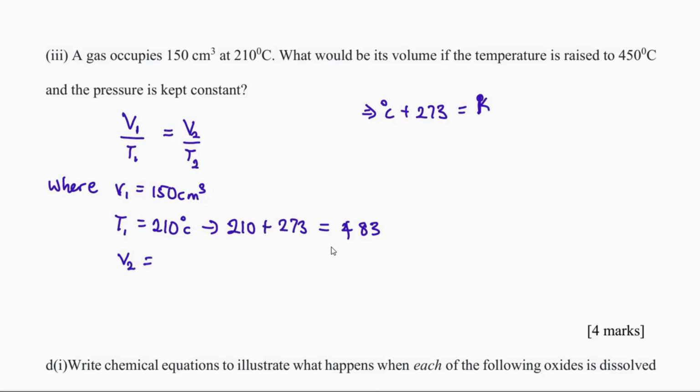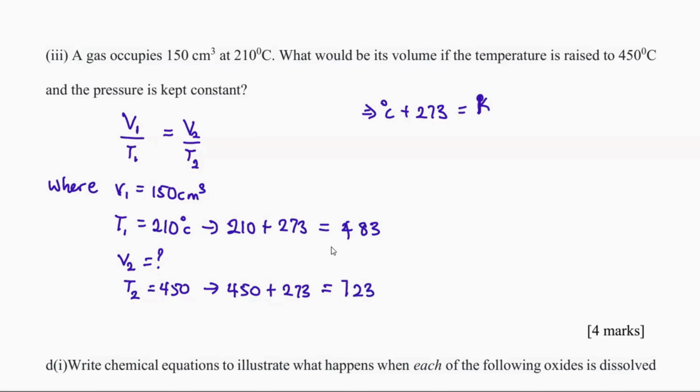V2 is what we are looking for, and T2 is 450, which we have to make Kelvin, so 450 plus 273 gives us 723.